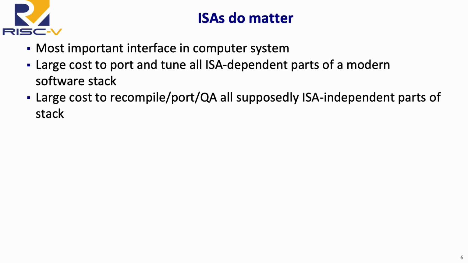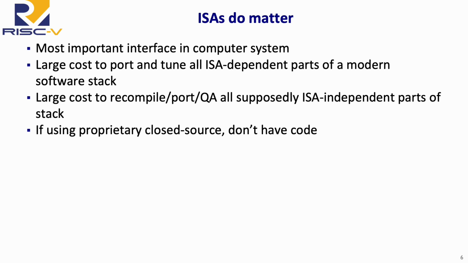There's also cost to recompile or port and do quality assurance on all supported ISAs, although obviously most of the time you try and write code that is not processor specific. You may be using proprietary closed source code, and I'm afraid there are examples where people end up with binaries and they don't have the source code, so you can't recompile.